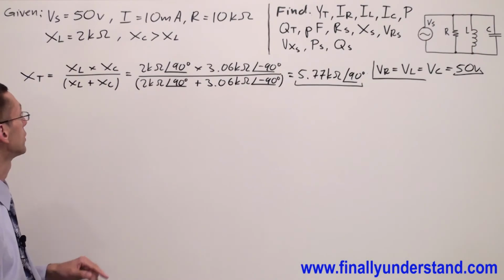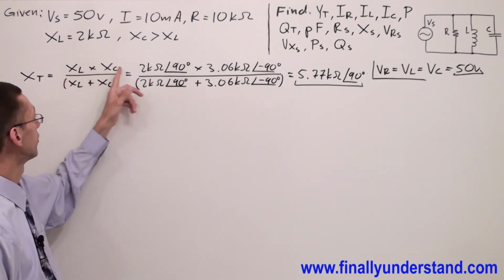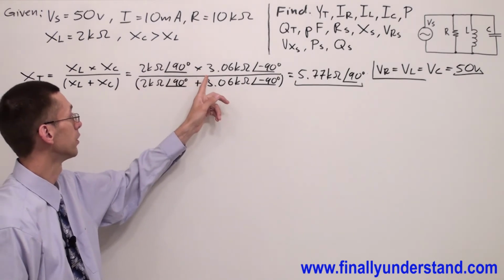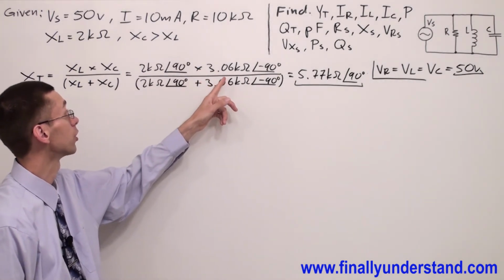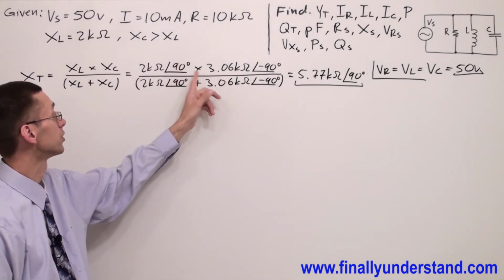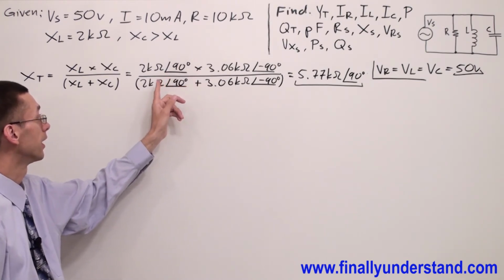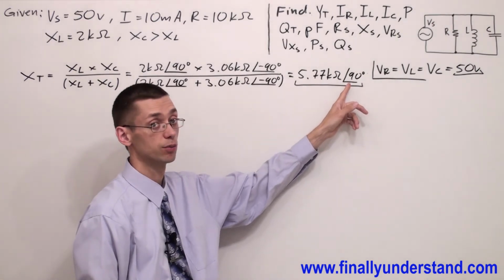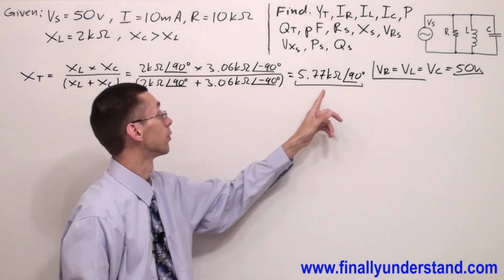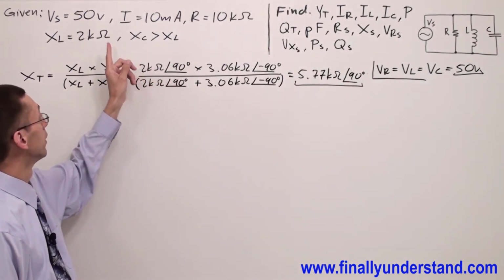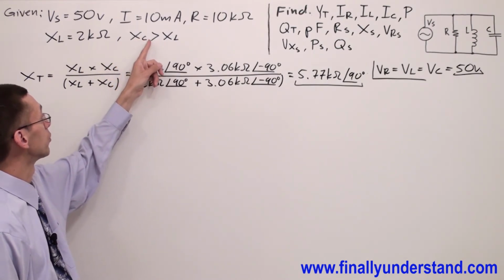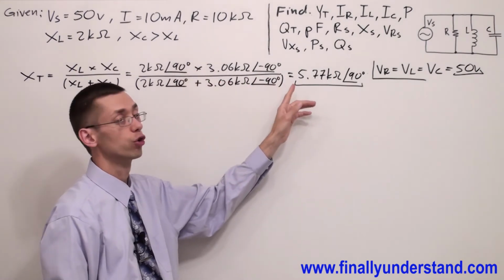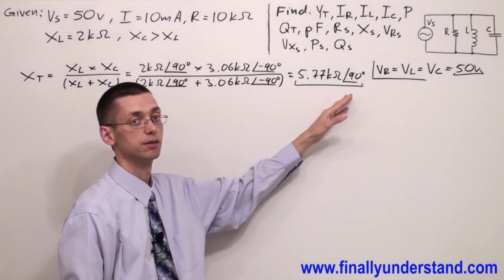Now, please notice that X of L has a value of 2 kiloohms and X of C has a value of 3.06 kiloohms. So X of C is greater than X of L, and from this calculation we get an angle of 90 degrees, a positive angle. That combination gives me a positive angle.